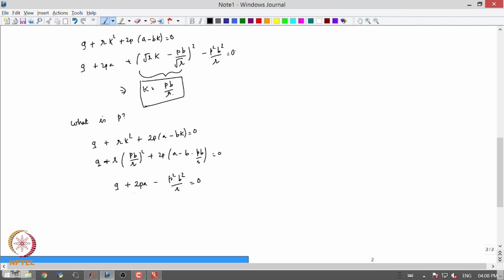In this, q is known to me, a is known, b is known, r is known, and I can find the right p, which gives me a k, which can be used to compute the optimal control law u equal to minus kx. This is my optimal control law.